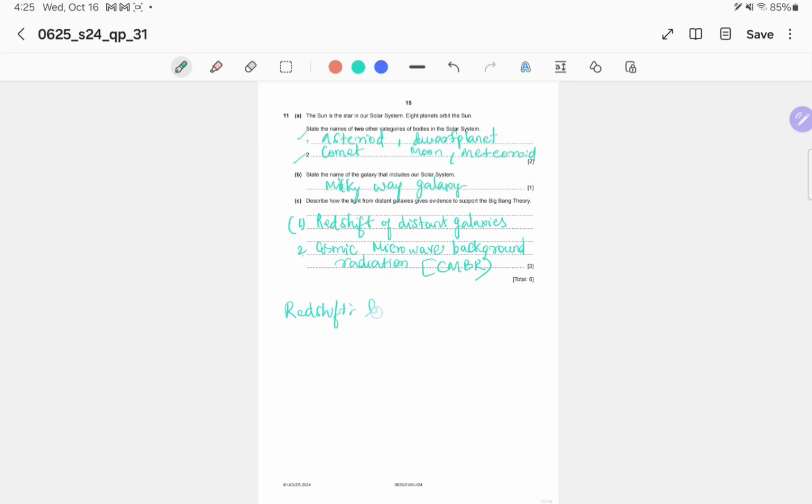Redshift is the light that moves away from us, so the wavelength is stretched and automatically the object appears redder. This is the condition for redshift, and the light from almost all the galaxies is redshifted. These are the conditions to support the Big Bang theory. Okay, from this the paper ends here. Thank you.